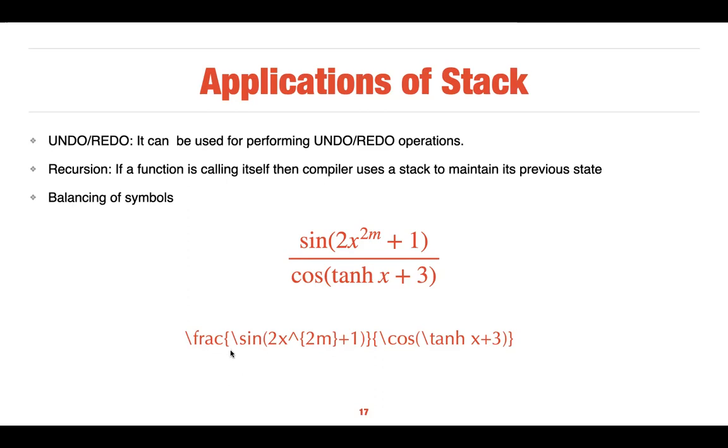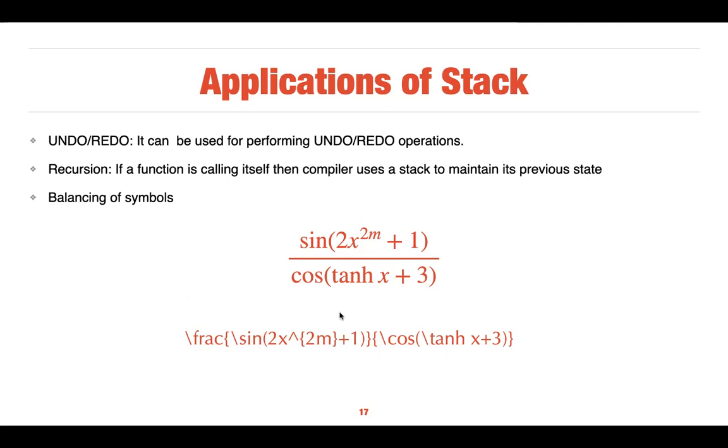So in this code, there are a few curly braces and a few small braces, and it needs to be confirmed that all are closed, that the number of opening brackets is the same as the number of closing brackets. So how does the compiler do it? It stores all the opening brackets in a stack, and as soon as a closing bracket comes, it removes an open bracket from the stack.